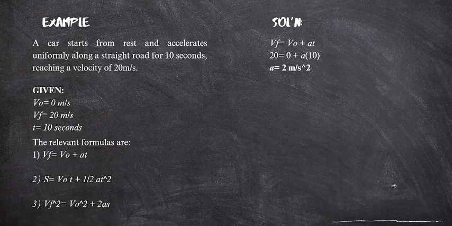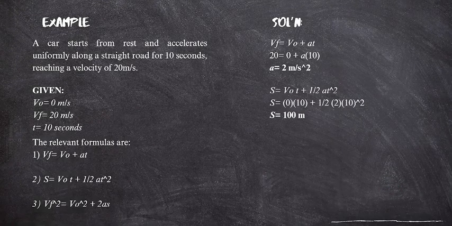So to get the displacement, we have here the second formula, S = initial velocity times time plus 1/2 a t squared. So substitute the given. Then we have here the displacement of 100 meters.